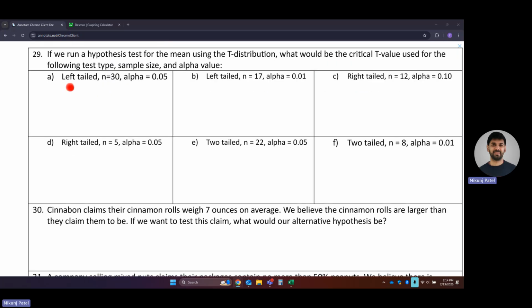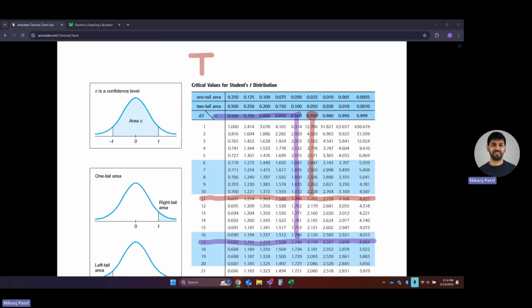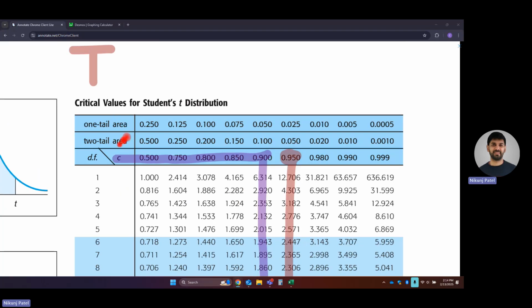For part A, it says we're using a left-tailed test where n equals 30 and alpha is 0.05. And up here, you'll notice that you've got two other sections that we didn't use. On the previous problems, we used the confidence interval section here. In this problem, we're using either one tail or two tail. If it says left or right, those are each one tail. And then if it's a two tail, you'd use the two tail area.